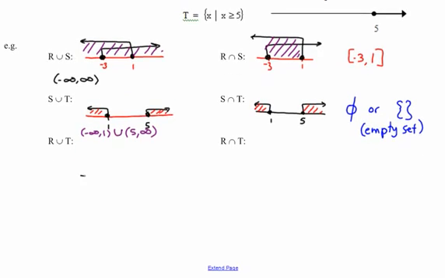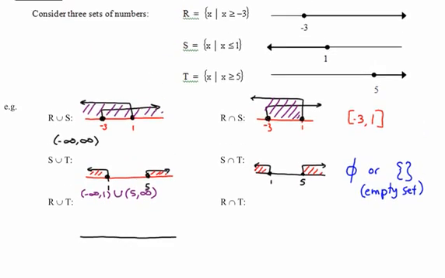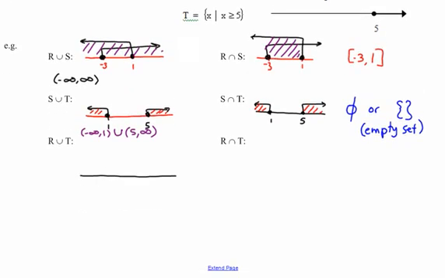Okay, and our last one, R and T. So on our number line, R, I believe, is greater than -3, and T is greater than 5. If we're looking at the union of this one, the union would then just be greater than -3.